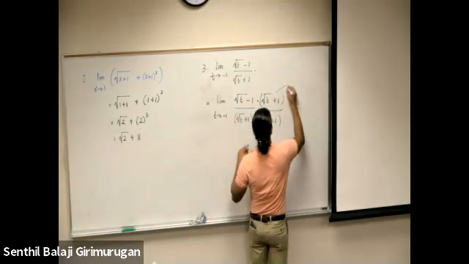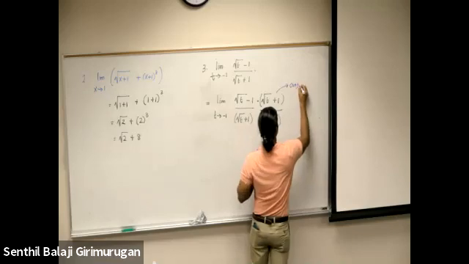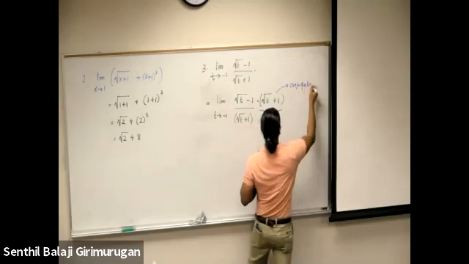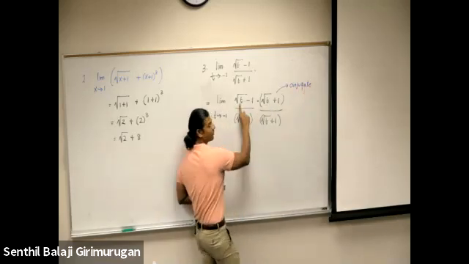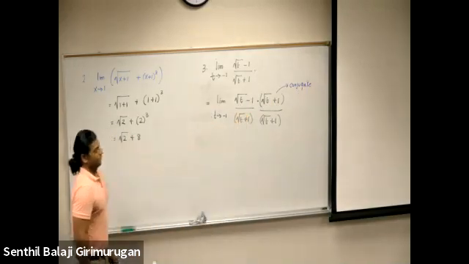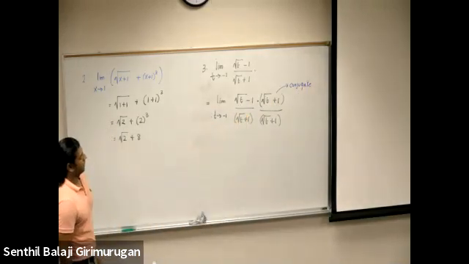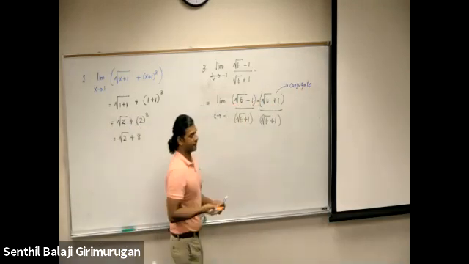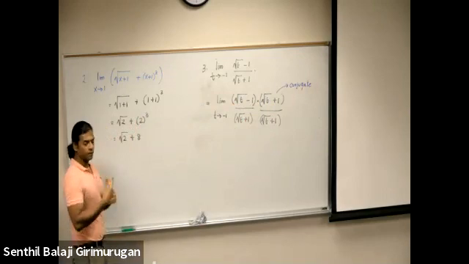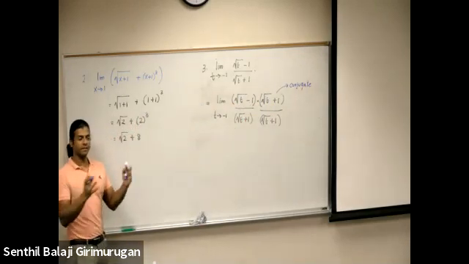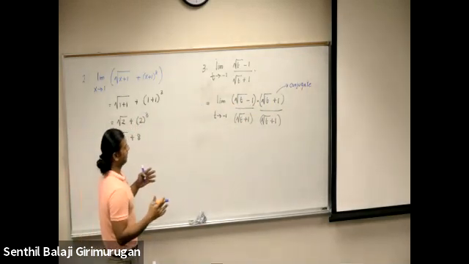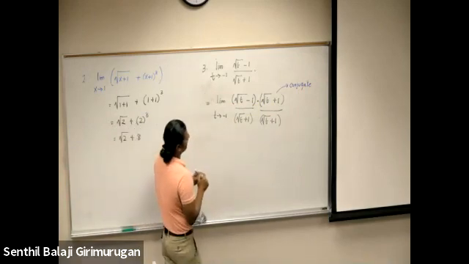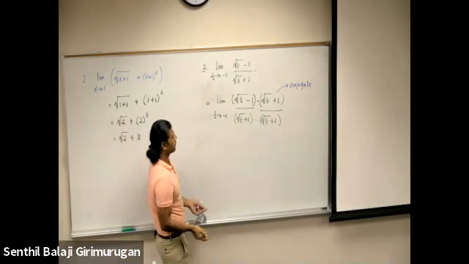So this is what we call the conjugate. Now, this process is used so that we can find a limit if things go awry, like it did here.